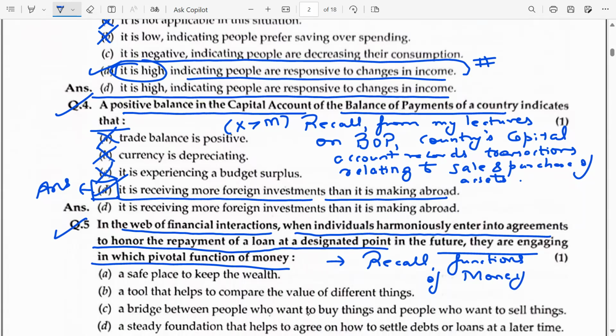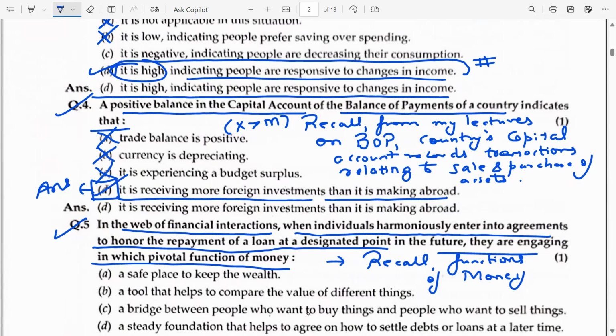Remember, money can be used to make payments deferred to the future. This was one of the functions of money we had done. Money can be used to make transactions of buying goods and services. It can be used to store wealth. It can also be used to make deferred payments, that means payments deferred to the future. It can be used to settle debts or loans at a later time.